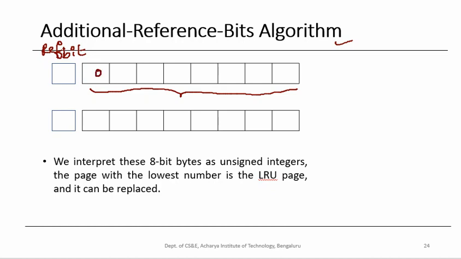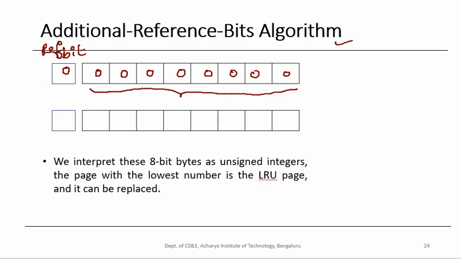Initially, all these 8 bits would be zeros. Let us assume that the page is also not being referenced by the CPU, so this bit is also equal to 0.